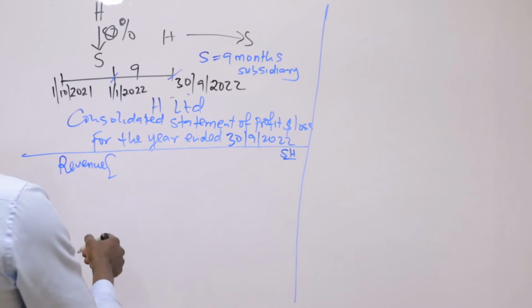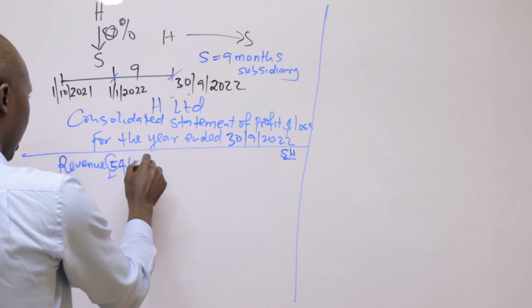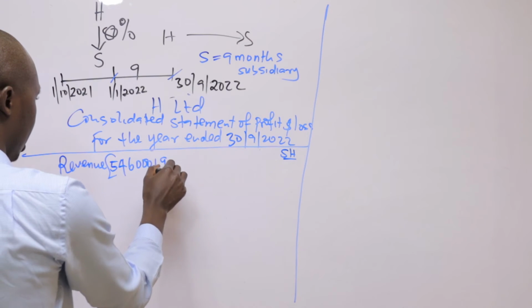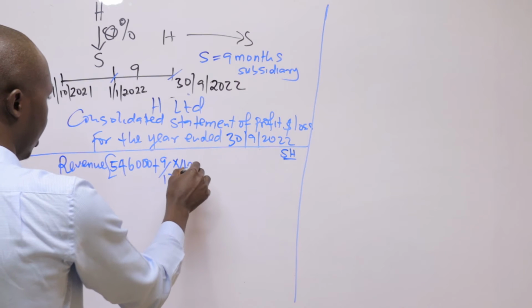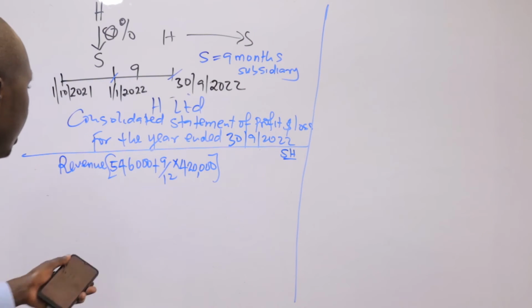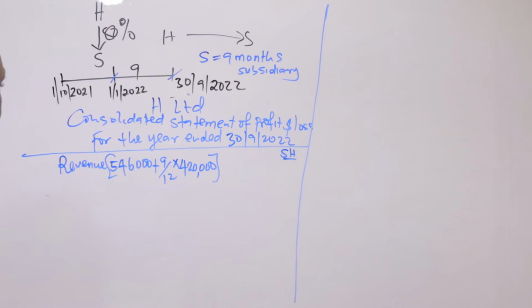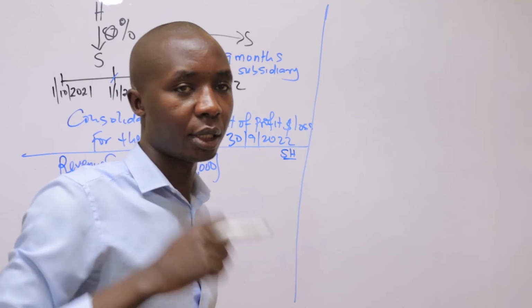So revenue for the parent is 546,000 plus 9/12 times 20,000. The only thing you deduct under revenue is only the intergroup sale which occurred between the parent and the subsidiary.